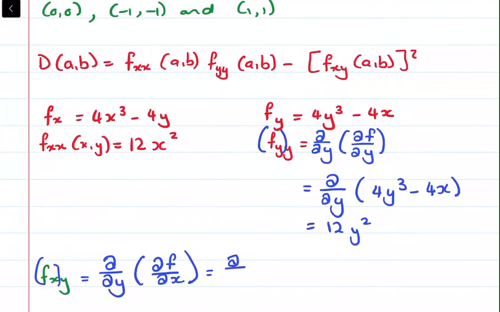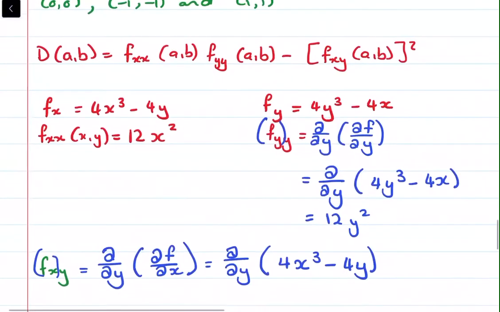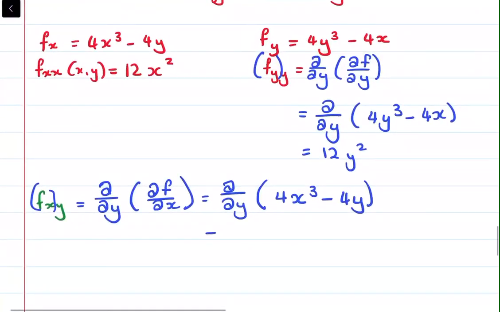So we are taking the partial derivative with respect to y of 4x cubed minus 4y. Okay, so then what is the answer here? With respect to y, the answer is minus 4. But then you can see here that these are continuous functions. Polynomials are continuous functions. So therefore, it doesn't matter whether you calculate fxy or fyx. Okay, so with the mixed derivative, it doesn't matter by Clairaut's theorem, right?